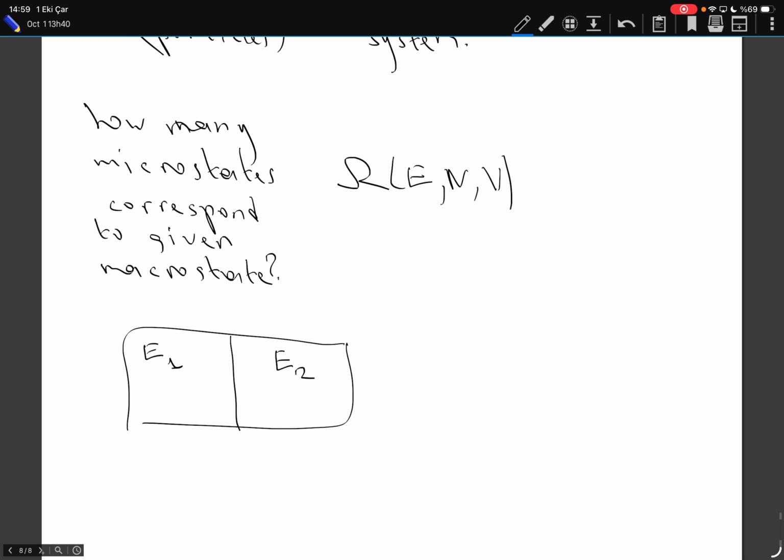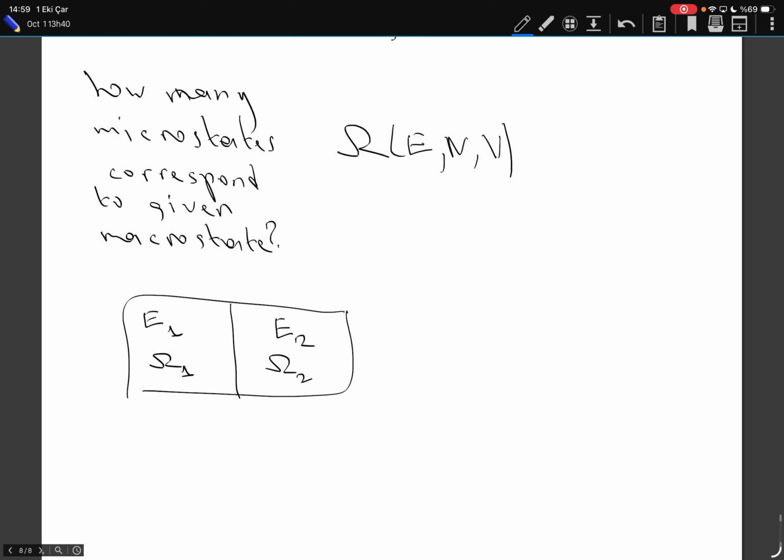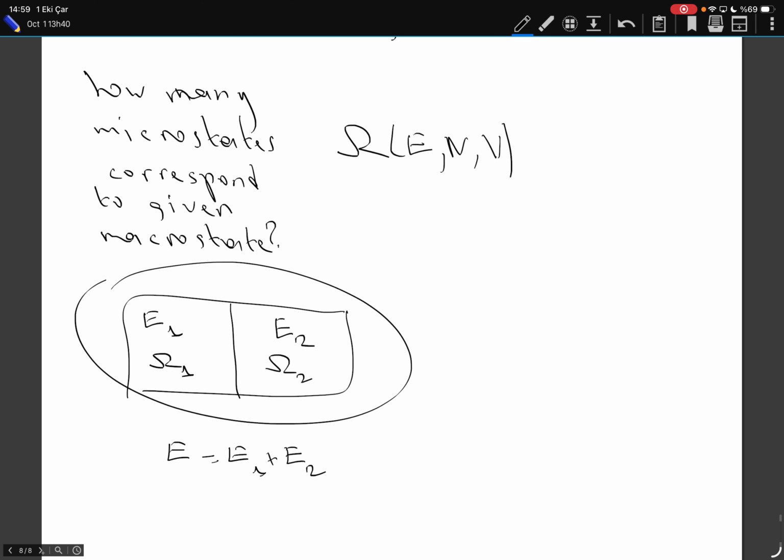So let's say that the left-hand side has the number of microstates omega 1, the right-hand side has the number of microstates omega 2. Now, what is the total number? So the whole system has energy E1 plus E2.